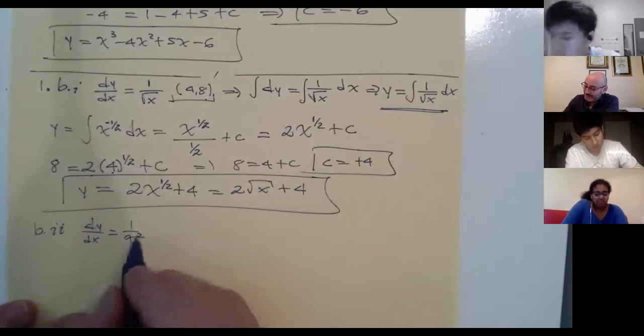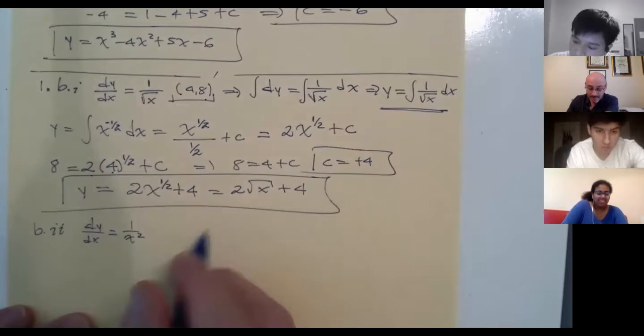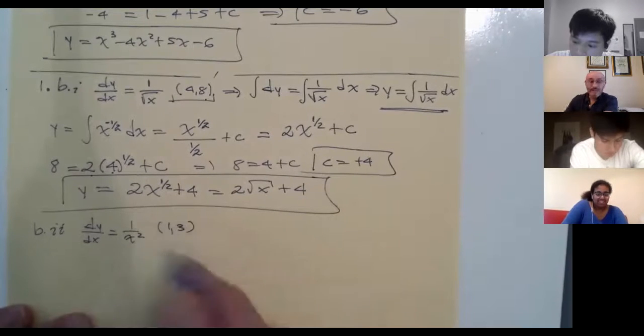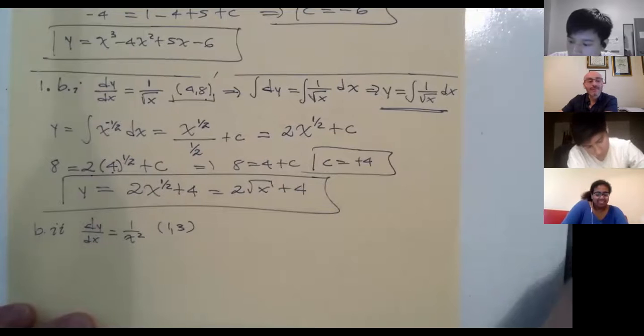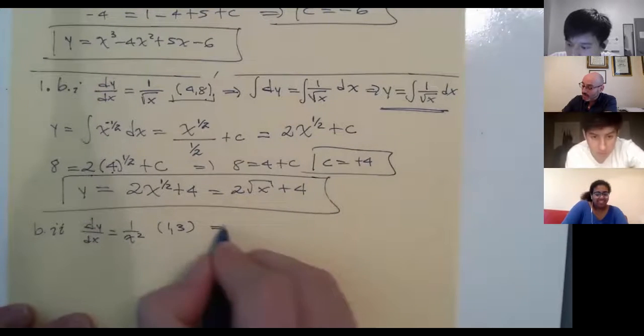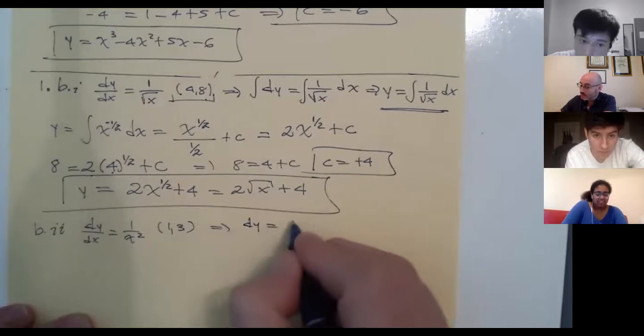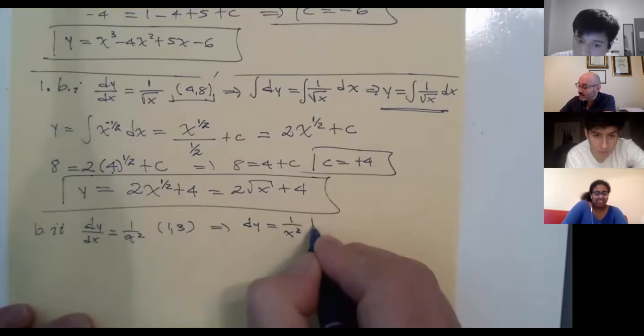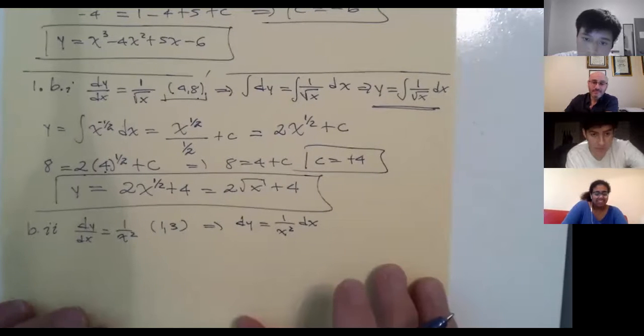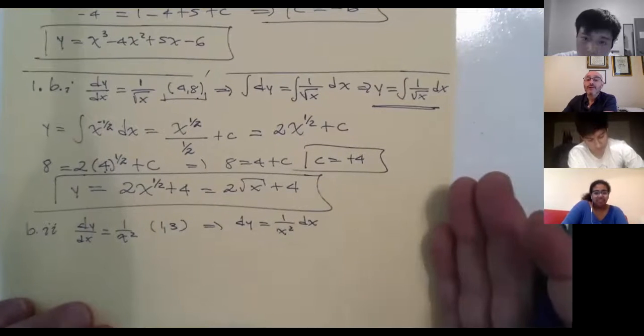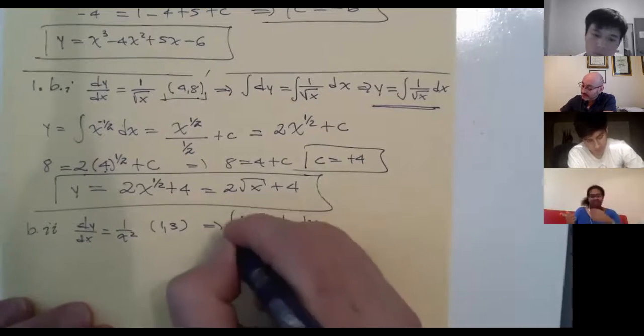All right, so let's do this one. The derivative is 1 over x squared, and it passes through (1, 3), right? So same as before. Separate the variables. dy is equal to 1 over x squared dx. Integrate, or find the antiderivative.